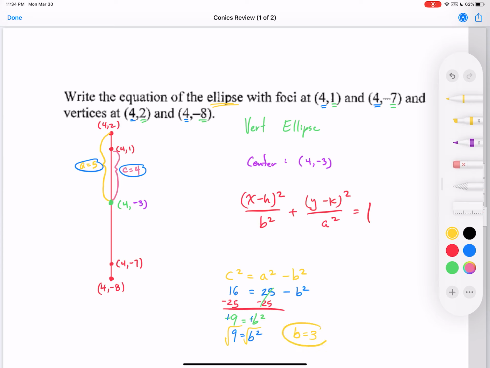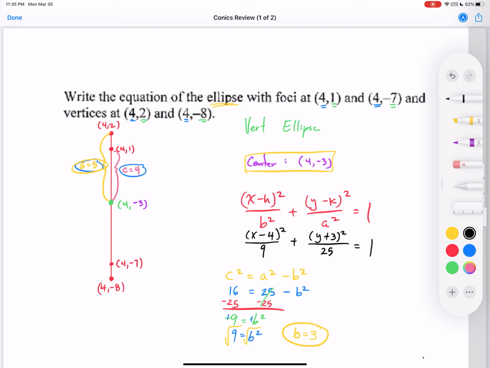Now that I know what b is, I know what a is, and I have my center, I can write out my equation. I'm just going to plug and play. x minus h, well, h is 4, so x minus 4, over b squared, b is 3, so that means 9, plus y minus k, and k is -3, so that means y plus 3 squared, over a squared, a is 5, so that's 25, and all of this is equal to 1.